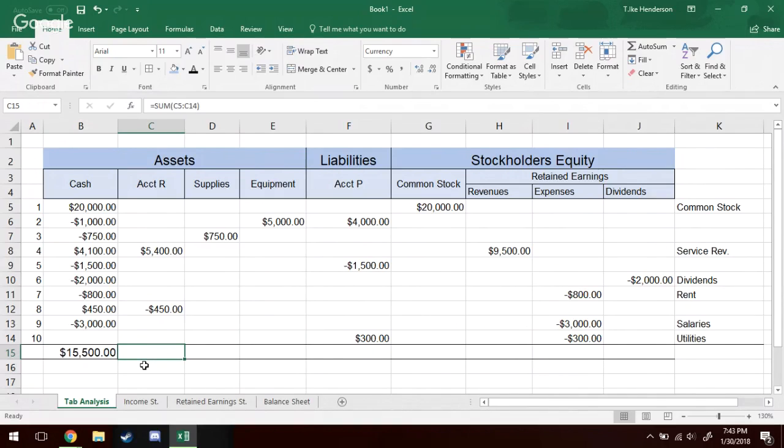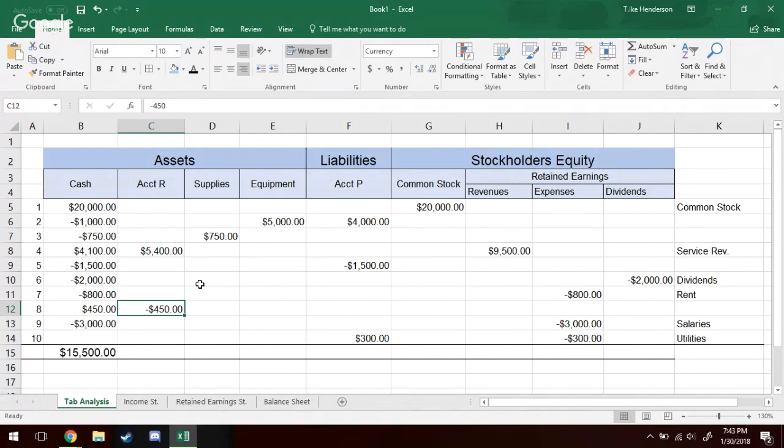Next we move on to accounts receivable. This will be much easier since we don't have a ton of numbers. What we have is $5,400. This also came from service revenue, which means that they paid some of it and plan on paying the rest later.